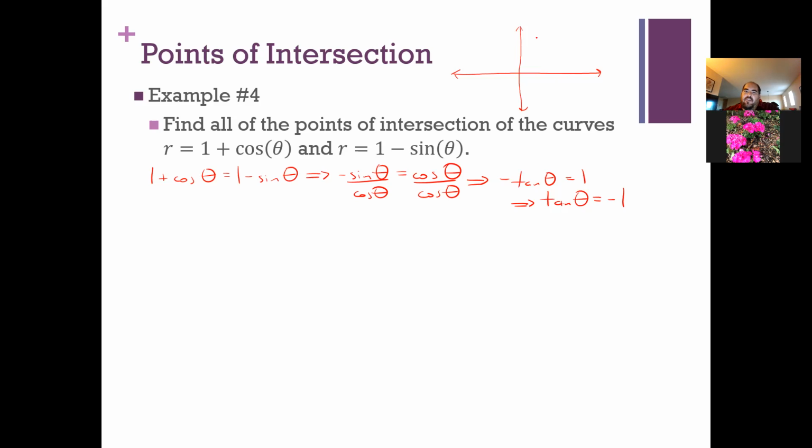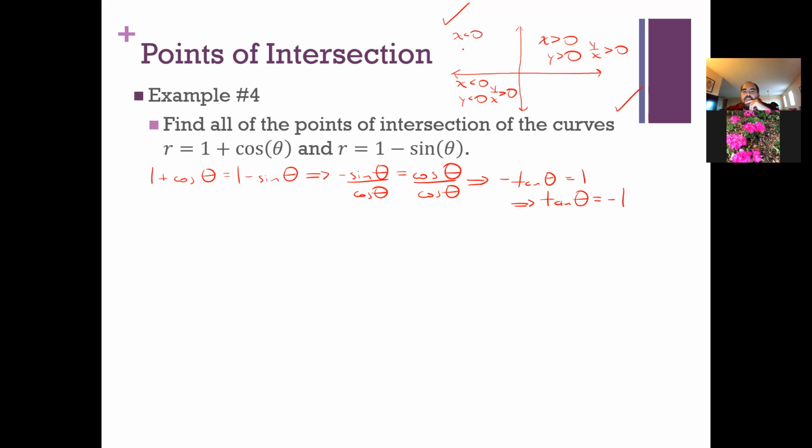One is positive, the other is negative. So in quadrant 1, x is positive and y is positive. So that means the tangent is going to be positive there. In quadrant 3, x is negative and y is negative. So that means the tangent is going to be positive. Negative divided by negative is positive. So tangent is going to be negative in quadrant 2 and quadrant 4.